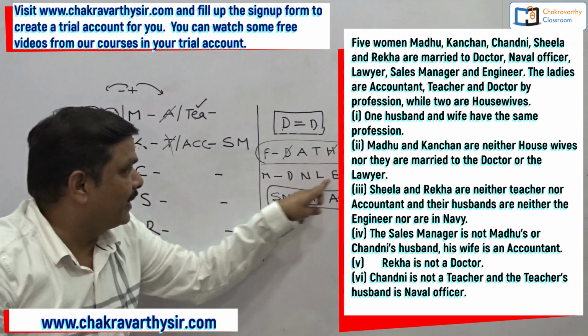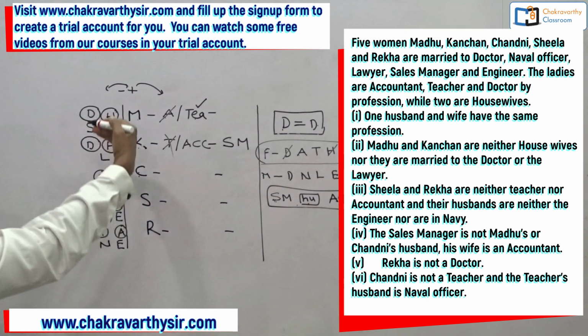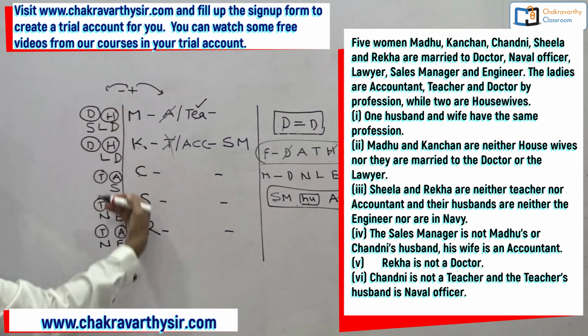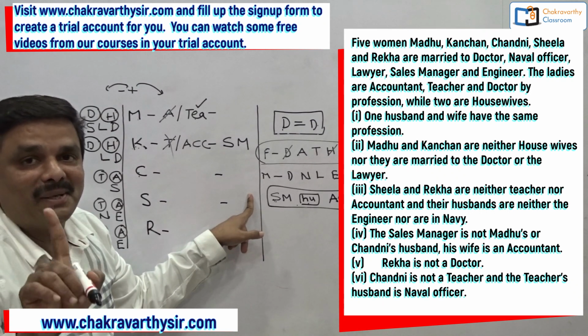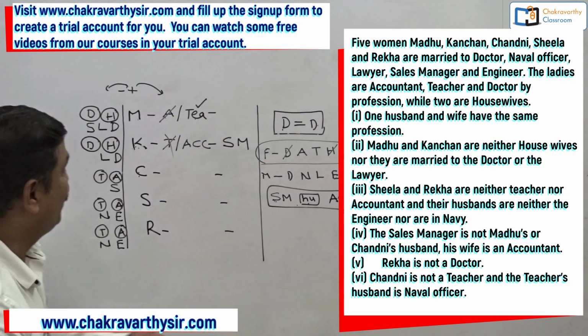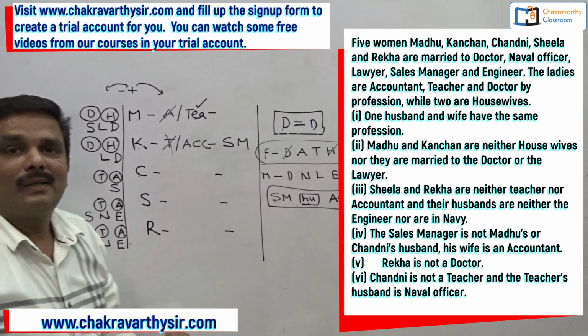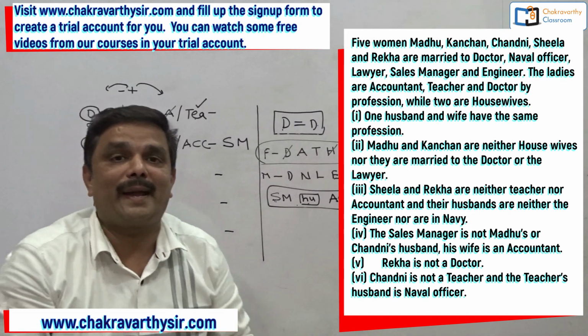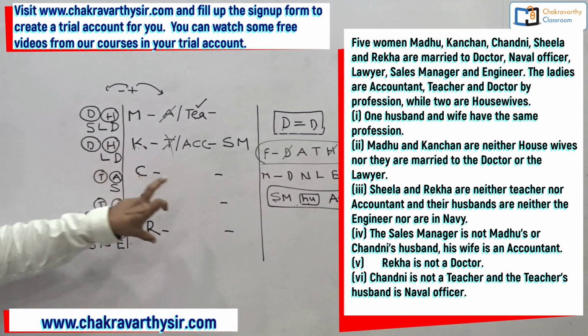How many salesmen are there in the given data? Only one. That means for the remaining ladies, husband's profession should not be salesman. Very simple one. So here for this lady, the husband is not a salesman. Here also not a salesman. This is how you need to crack the data. Just recollect what we have done here, students.